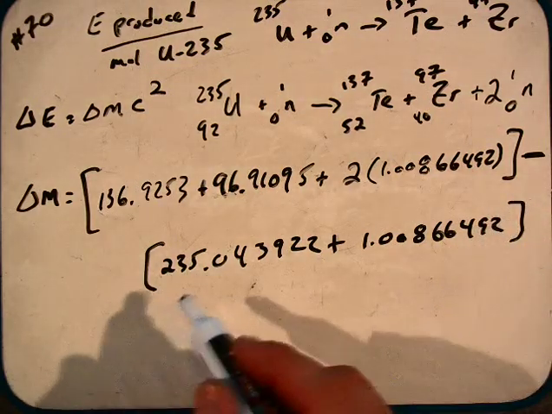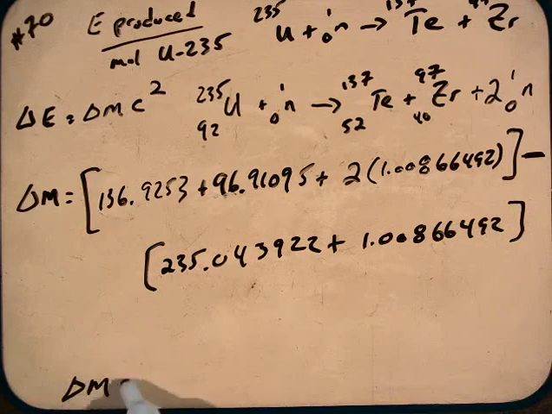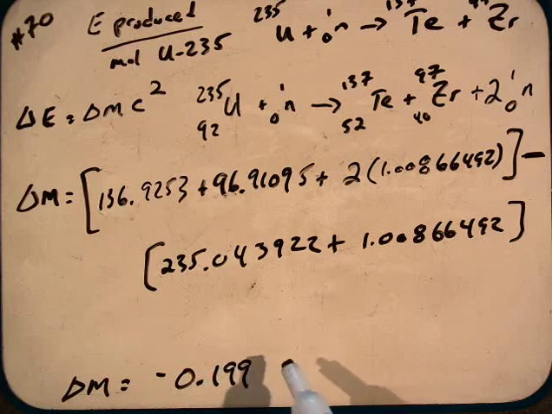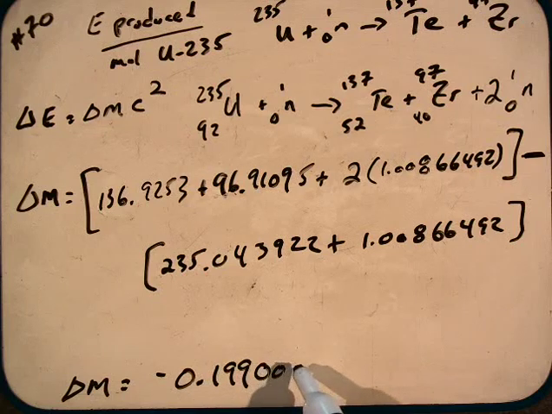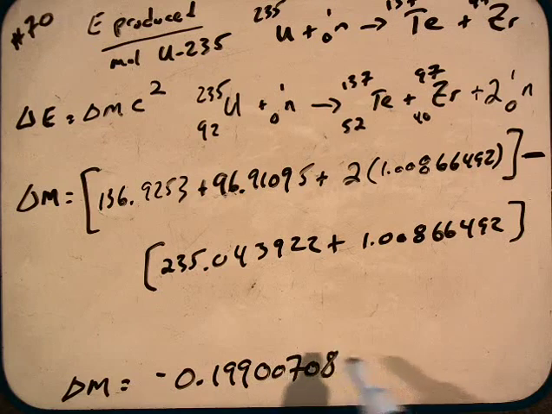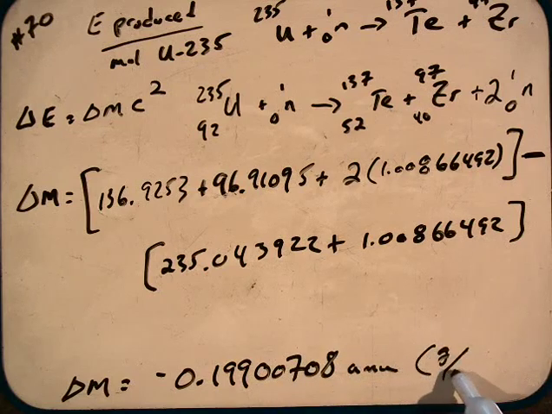And so we solve for that, we get our delta M, I'm just going to put this at the bottom here, as a negative 0.19900708. And that is in AMUs, or, remember an AMU is really just a gram per mole. So that's the change in the atomic mass units, right? The change in our protons and neutrons that is occurring.